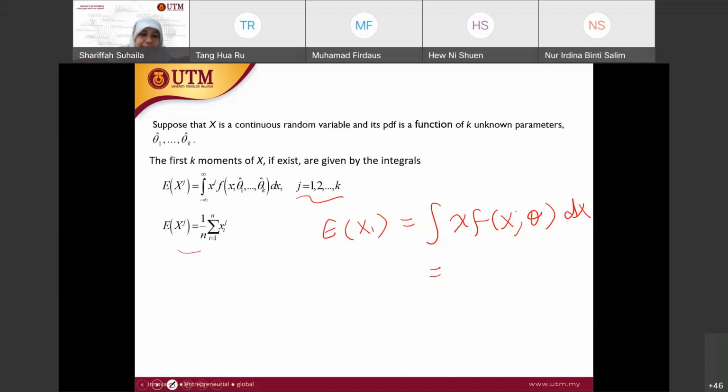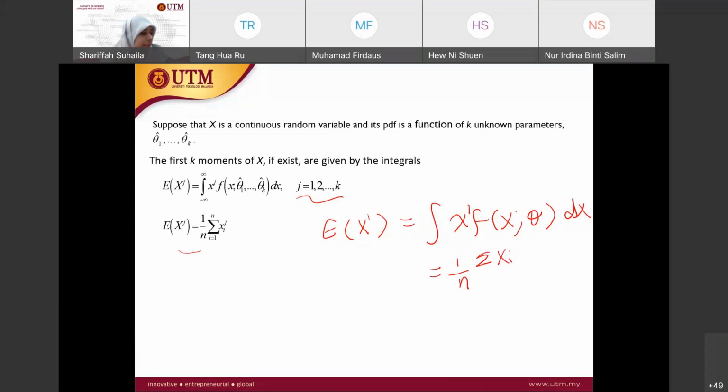That means we integrate x times f of x, theta, dx. Sorry, it is E of x to the power 1, not E x1. That means x to the power 1 times your density function f of x, theta. This one we equate to 1 over n summation of xi. Here j is 1 when we get E of x to the power 1.